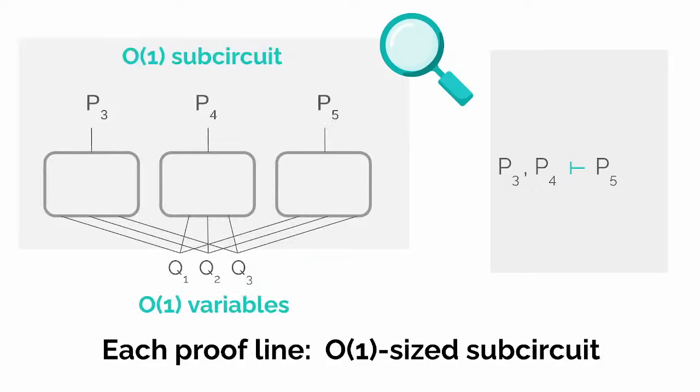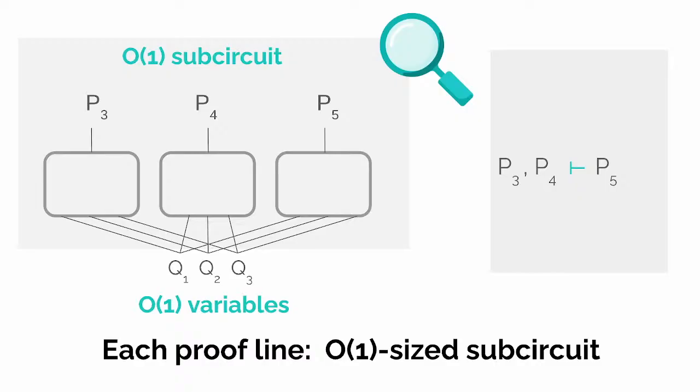Okay, so in this talk, the way I want you to think of EF proof is like this. This is the most important. If you have a proof line, if P3 is true and P4 is true, then P5 is true. So what does this mean in the circuit?